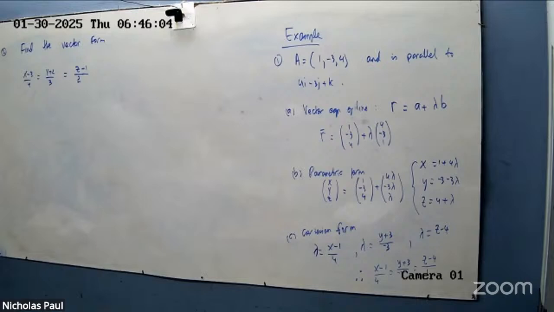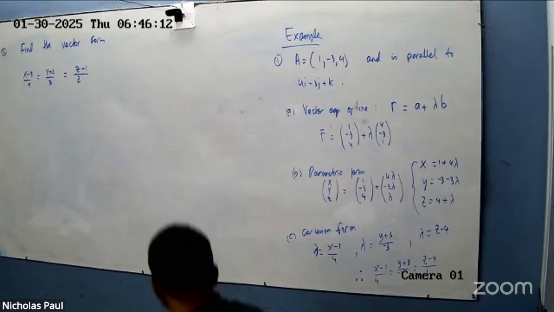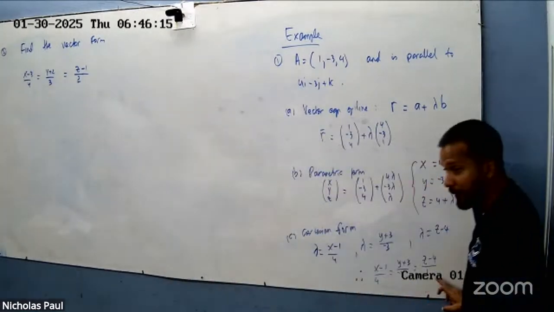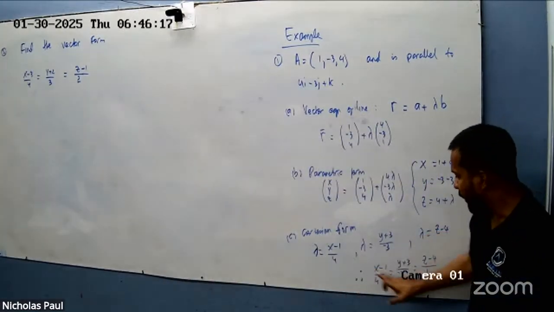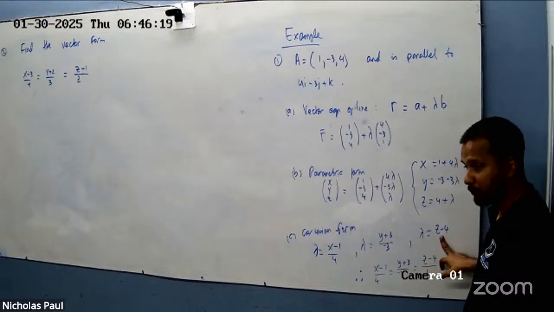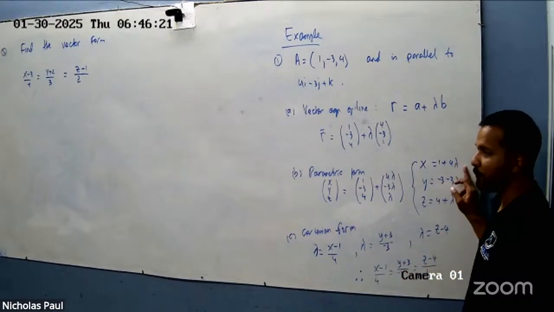Right, so remember you're starting right here, right? And make each one equal to lambda. Then make x the subject and then write it like that.